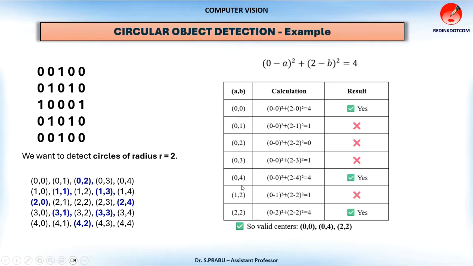For these pixels, I can identify 3 valid centers. 0, 0 is this one, 0, 4 is this one, or 2, 2. These differ exactly by the radius 2. The meaning is that for these pixels, any one of these 3 acts as the actual center. So the valid centers are 3.